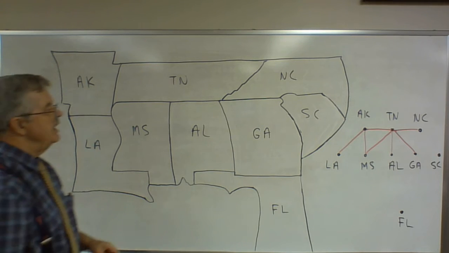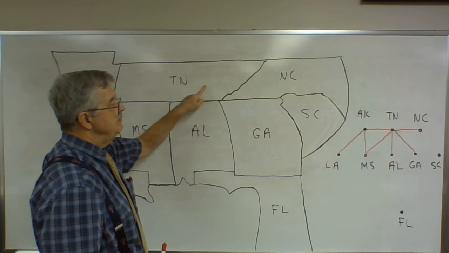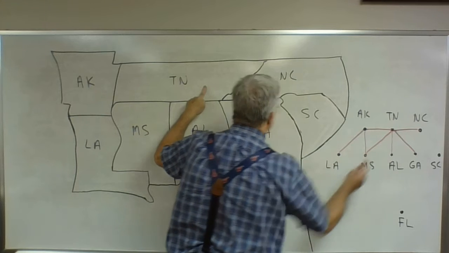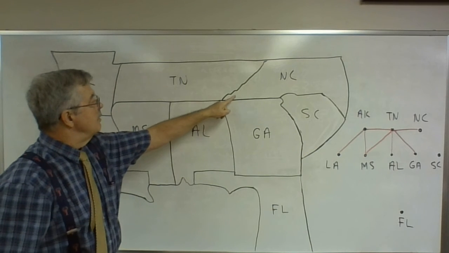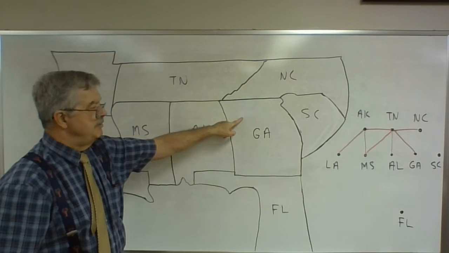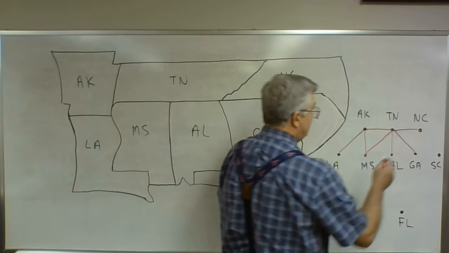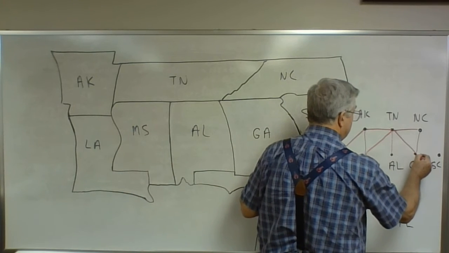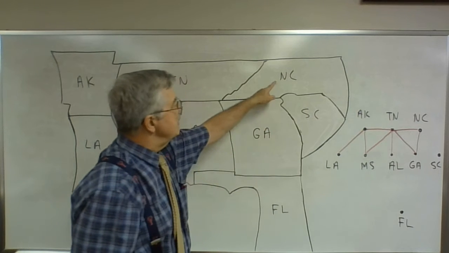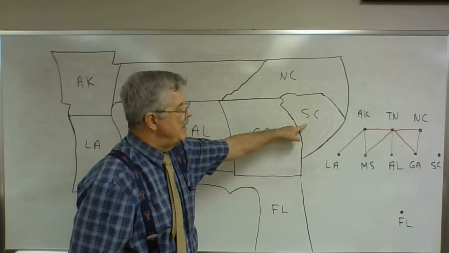Now, North Carolina borders with Tennessee. We got that. North Carolina borders with Georgia. We got to put that in. And North Carolina borders with South Carolina.